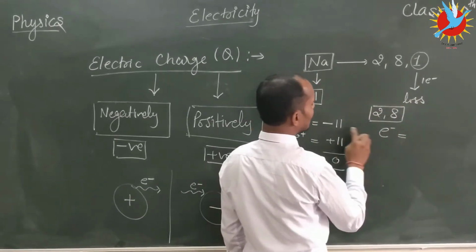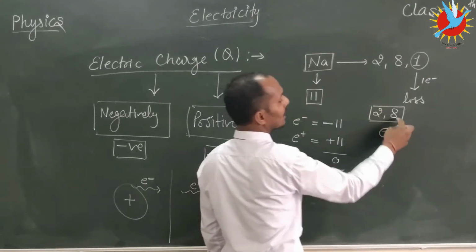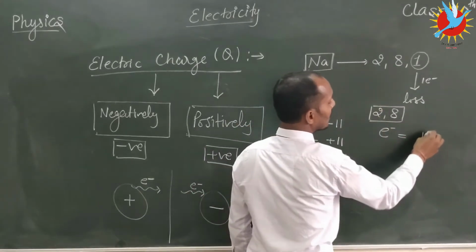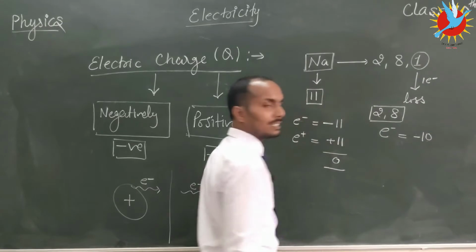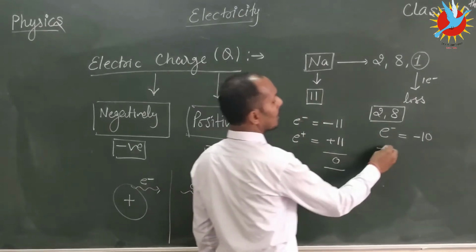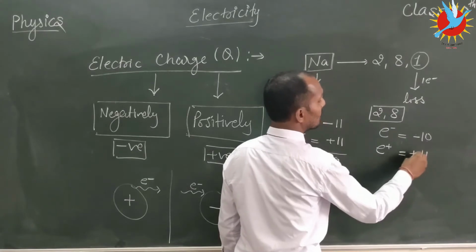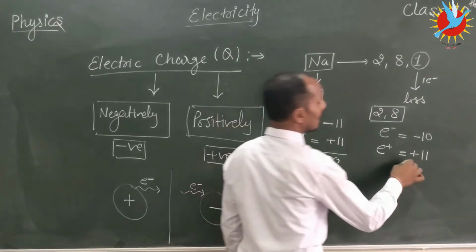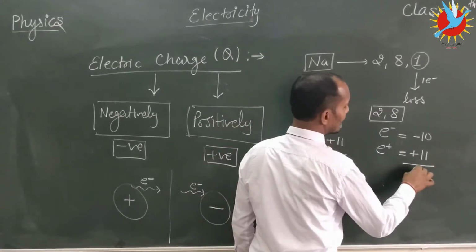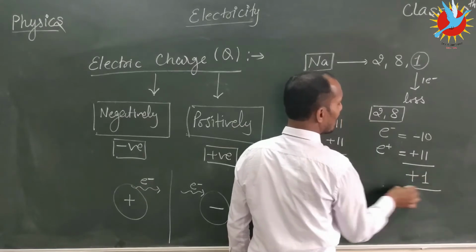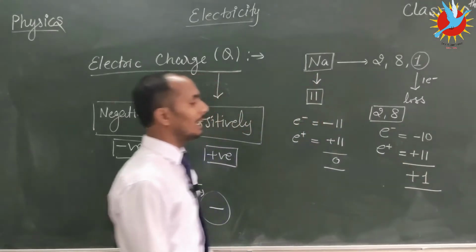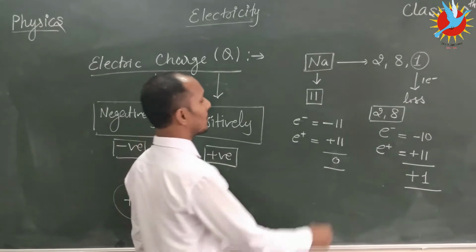The number of electrons is now 10, so the charge is minus 10, and the number of protons is still 11, so the net charge on it is plus 1. Algebraically, when you add it, the net charge is plus 1.